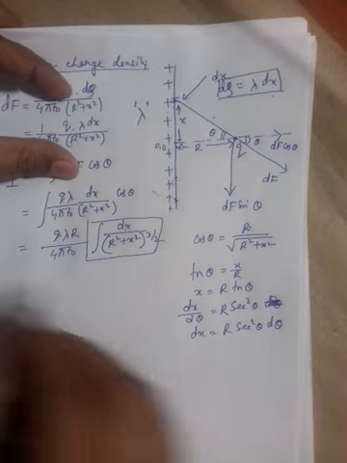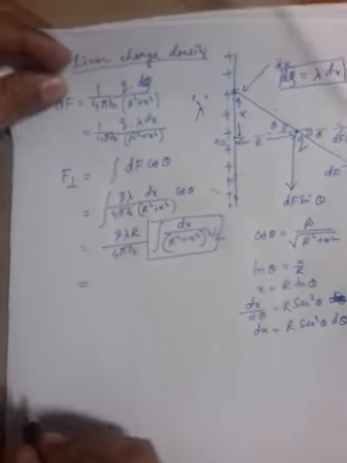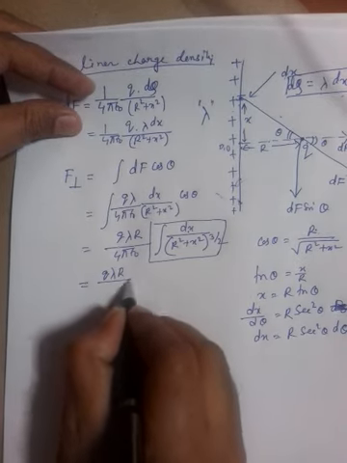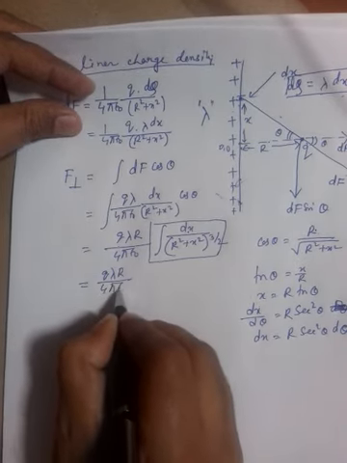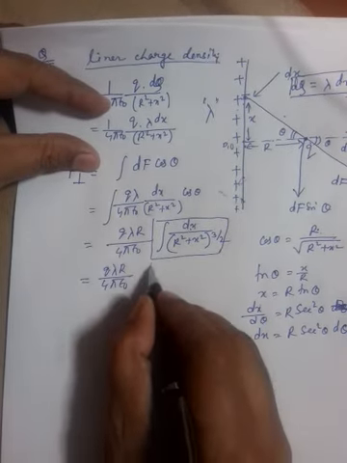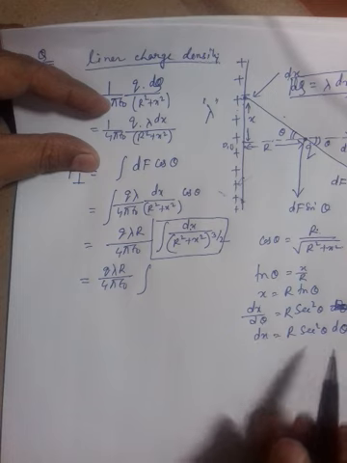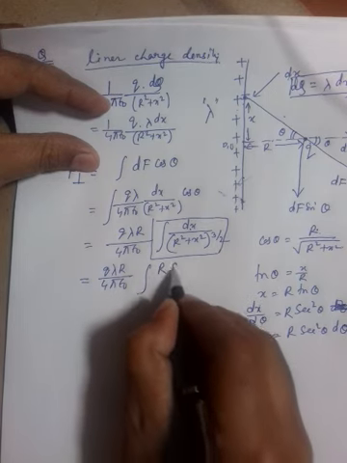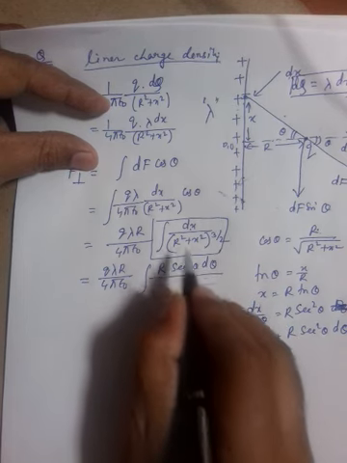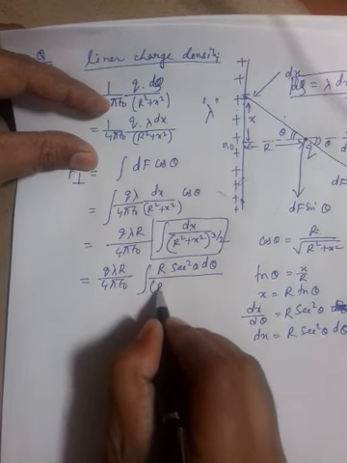So if you write the value here, I am just continuing in the actual format. qλr/(4πε₀) times the integration sign. dx is r sec²θ dθ, and the bracket is r² plus x².